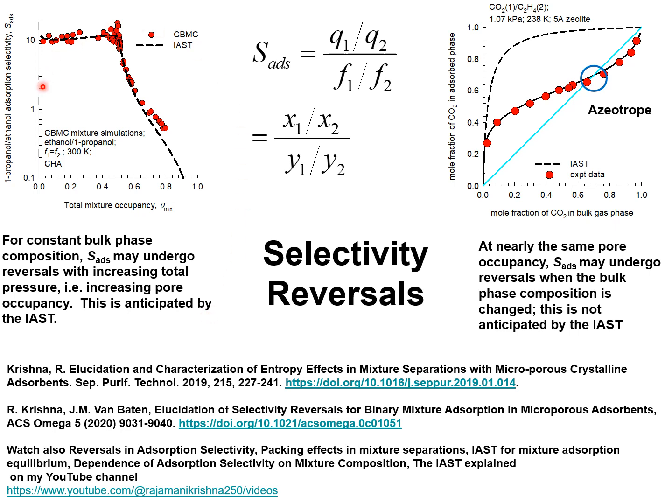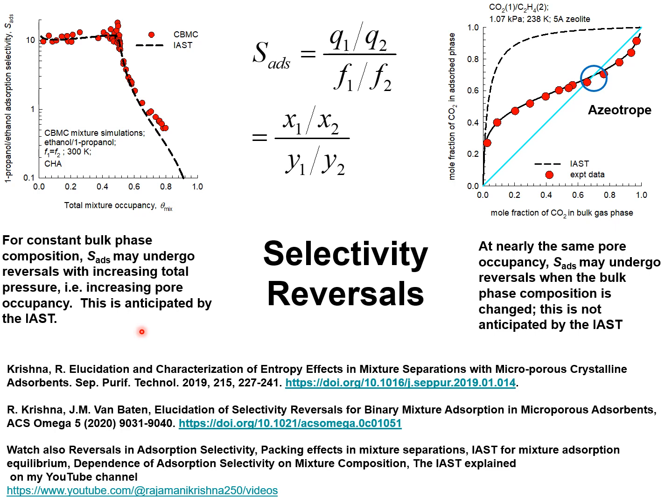This is one class of selectivity reversals where entropic effects cause selectivity reversals at high pore occupancies, and such reversals are in favor of the smaller molecule that has the higher saturation capacity. Such selectivity reversals are anticipated by the ideal adsorbed solution theory.